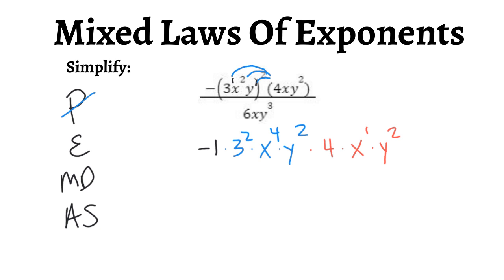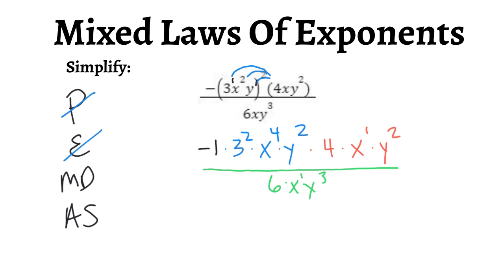And then underneath, there are no more exponents raised to other exponents, and I'm just going to write them as is. Six times x to the 1 and y to the 3. So we are done with this property of exponents. This is known as the power rule, when you multiply by distributing into the exponents.